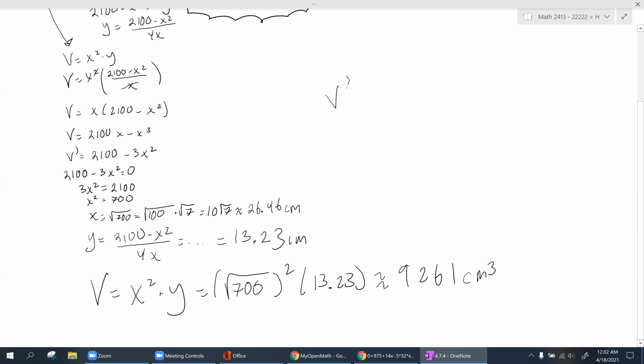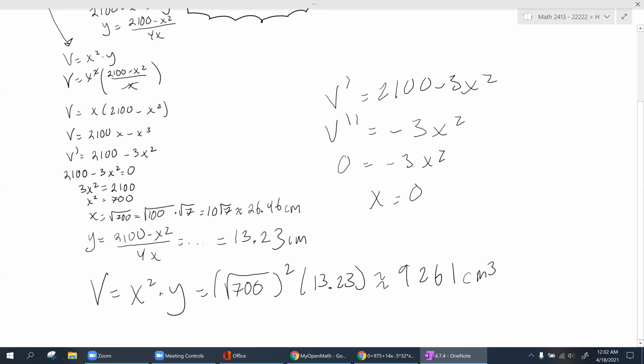Well, you know your first derivative is 2100 minus 3x squared, and we know if we take the second derivative, it's inconclusive.